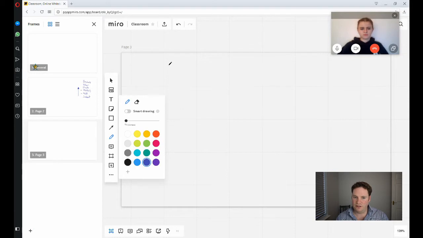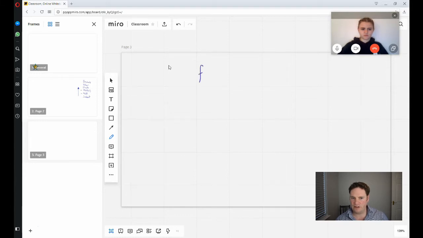Functions take a number and spit out a new number. And we can invent our own functions. I think I mentioned this last week, we could invent our own function, and it could be this: x squared plus 2. And all it does is it takes x, it squares it, and then it adds on 2.